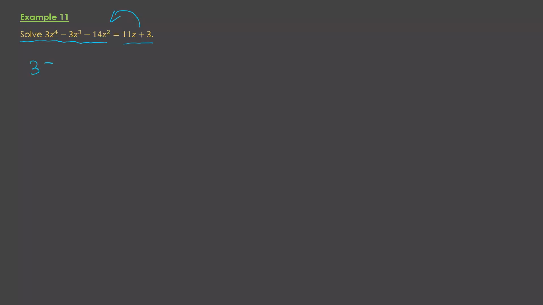So we get 3z^4 - 3z^3 - 14z^2 - 11z - 3 = 0. So we're going to use the factor theorem.